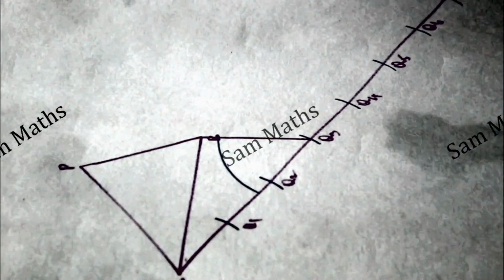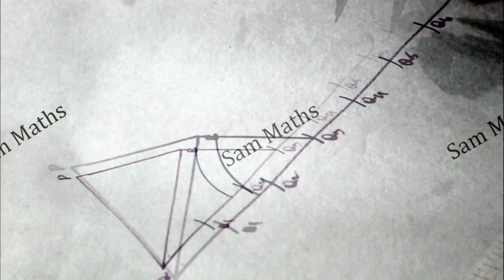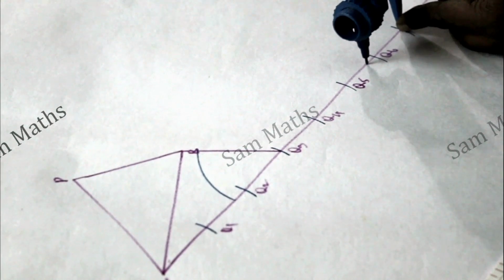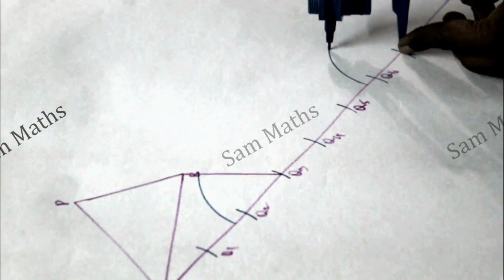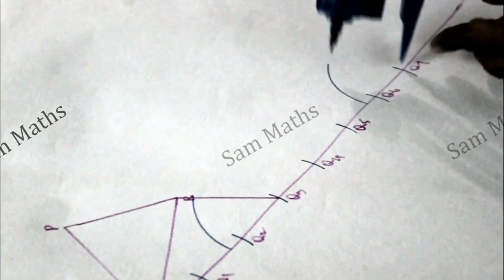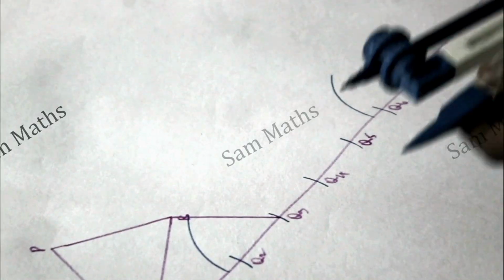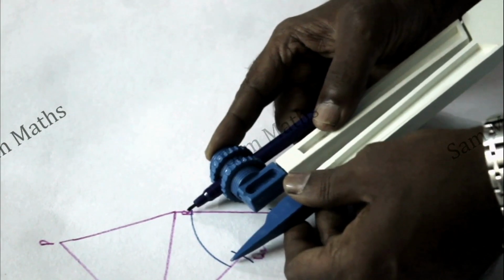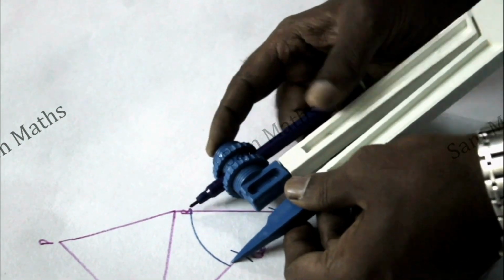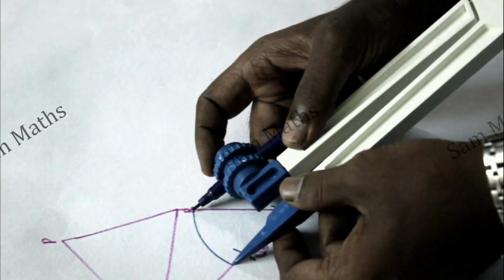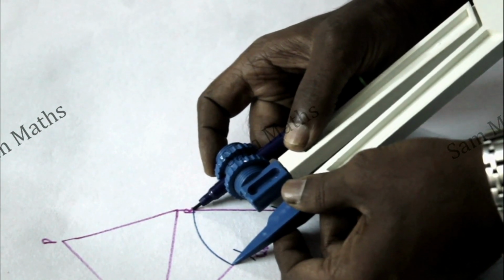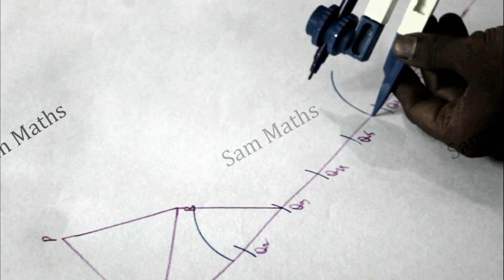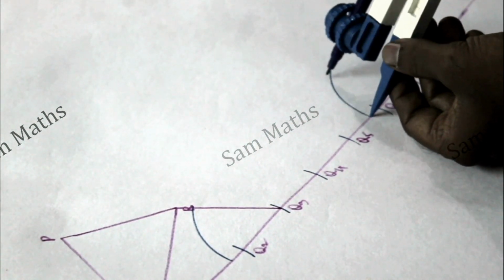After that, with the same radius, don't change that, Q7 as center, draw an arc like this. Okay, children. Then you have to measure the length of the arc like this. You just cut the arc on the second arc like this.